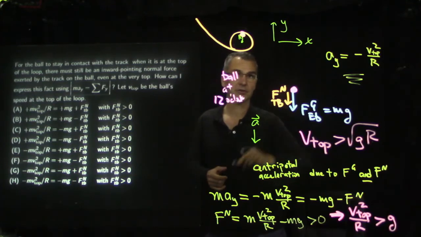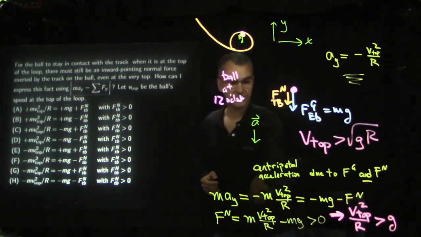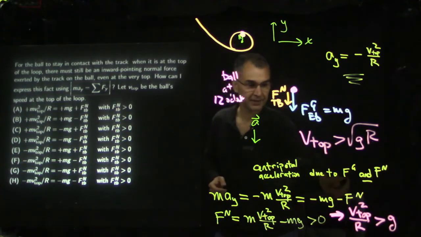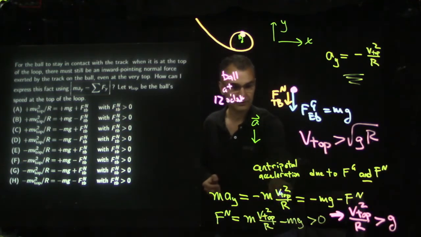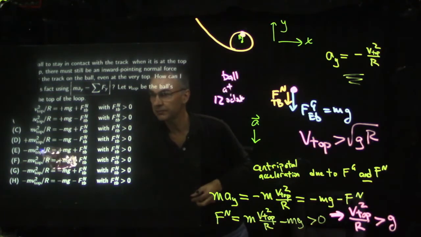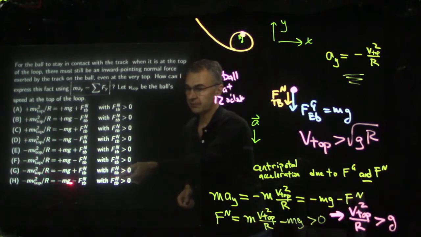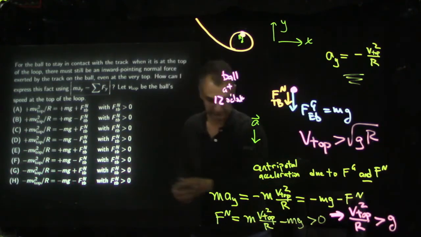If it's less than 0, then the ball falls off the track. So a sub y is minus v top squared over r. That would be minus mg, because that's downward, minus f normal. So we have minus m v top squared over r is minus mg minus f normal, with f normal bigger than 0.